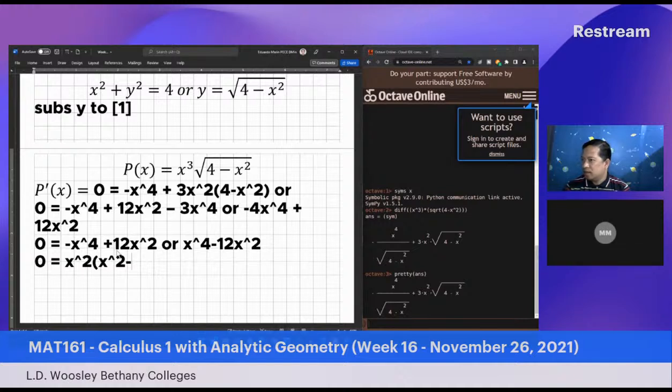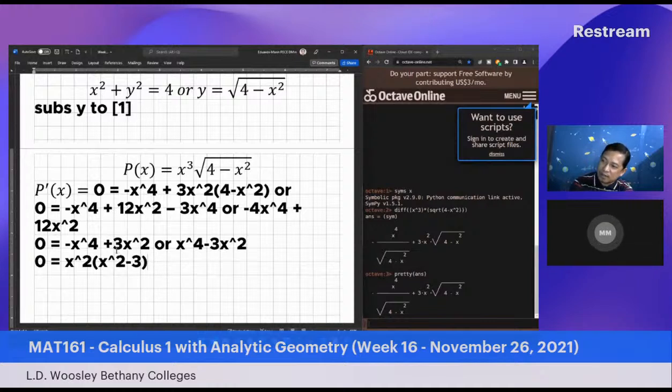Wait. Parang, nung tinanggal ko yung ano, tinanggal ko pala yung 4. 3x squared na lang to, no? Tama? 3x squared na lang yon. So, x squared minus x squared minus 3. Tama?